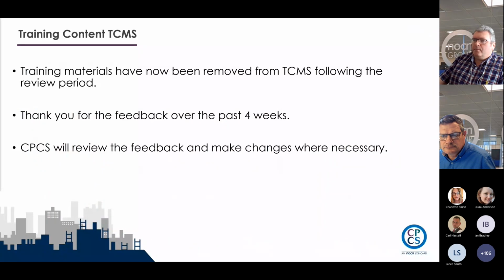The training materials that were on TCMS have now been removed following the review period. Thank you everybody for your feedback over the past 4 weeks. We are going to conduct a review of all the feedback and then make any necessary changes to our documentation.